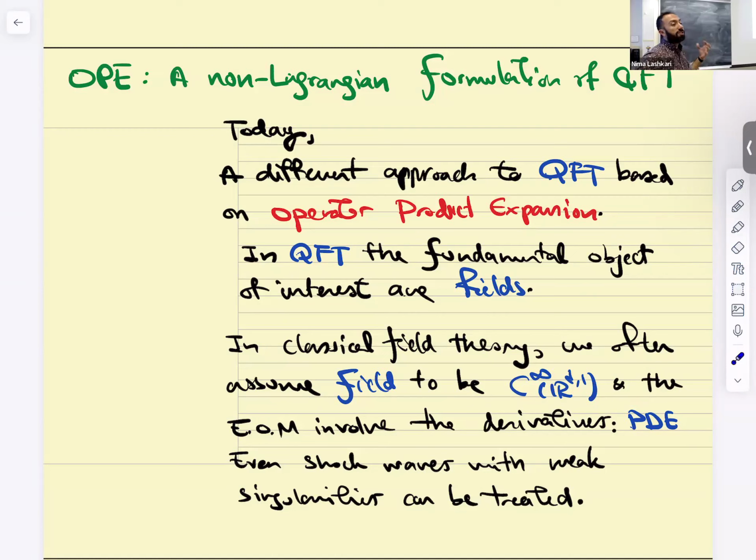Even so, the equations of motion are PDEs, partial differential equations. Even shockwave solutions, these are solutions with weak singularities, could still be treated within the framework of PDEs. They are singular, but they have a weak form of singularity, so you could still study them. If this comment is technical, if you don't know what it means, ignore it.